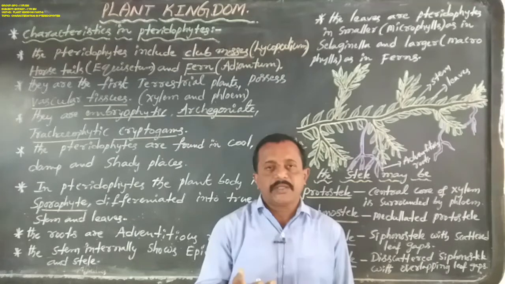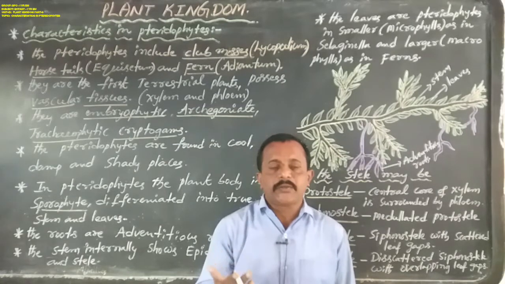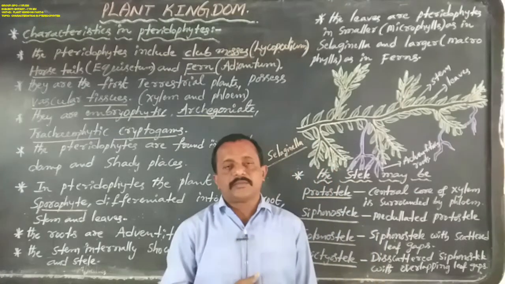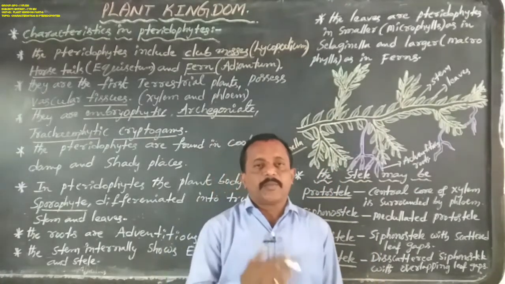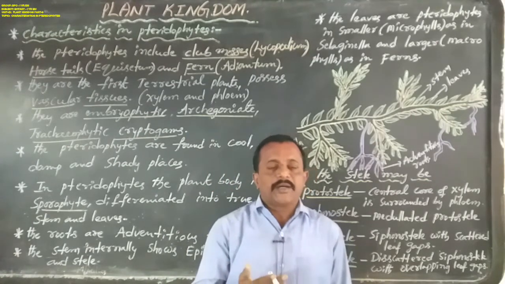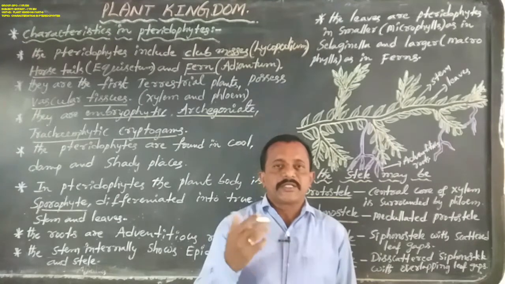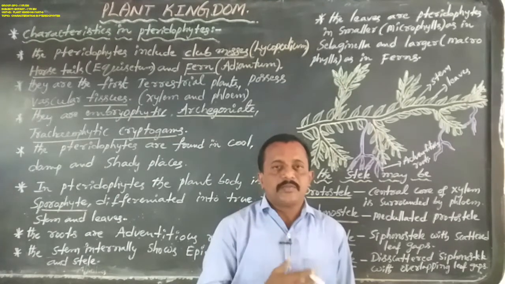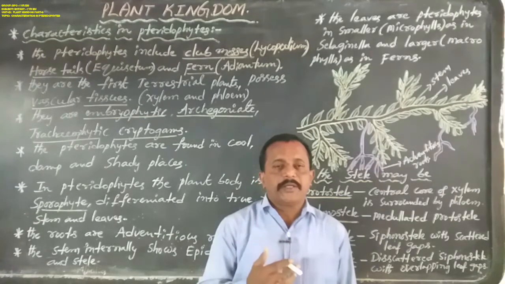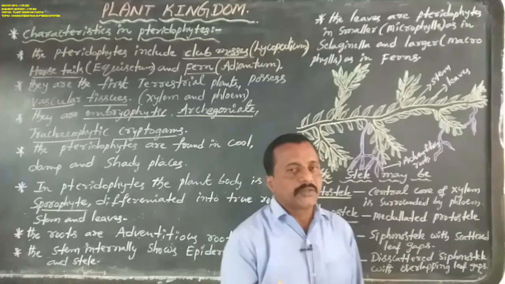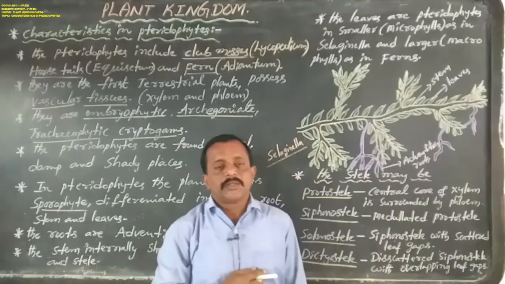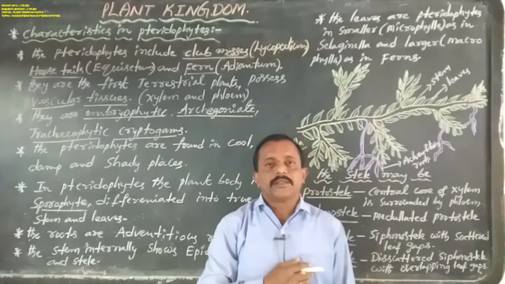In the same way, pteridophytes include club mosses, where the plant body looks like a moss plant-like structure. The plant body of root, stem, and leaves is totally constricted, and appears as a club moss.